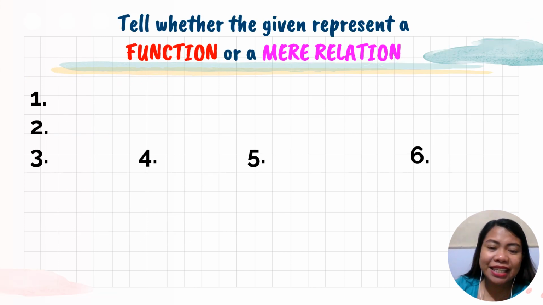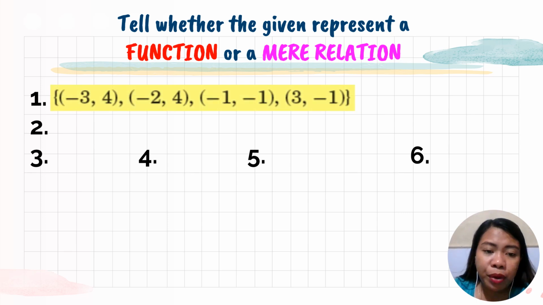Okay, here class, let us have an exercise. Tell whether the given represents a function or a mere relation. Let's have number 1. We have the set of elements having coordinates of negative 3, 4, negative 2, 4, negative 1, negative 1, and 3, negative 1.